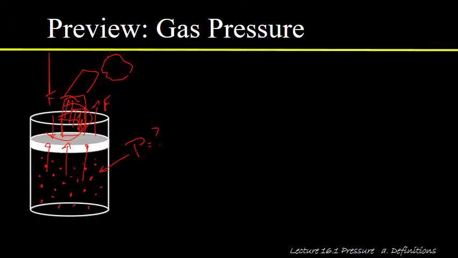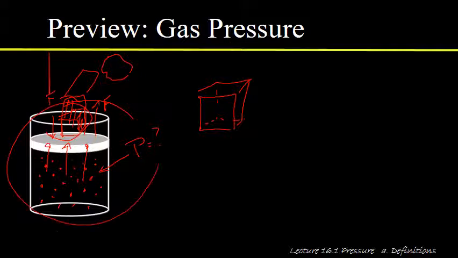That's the kind of thing that would happen in an internal combustion engine or something like that. So we started by talking about just forces and pressures, looking at simple solid objects, little prisms and cubes and things like that. But ultimately, the reason for discussing that is so that we can get to this and talk about how that would impact the pressure of a gas in some kind of a similar situation.